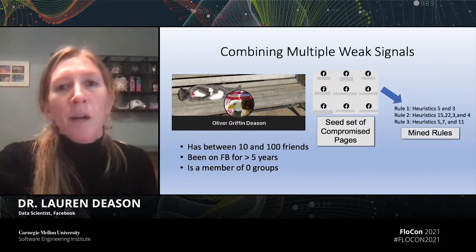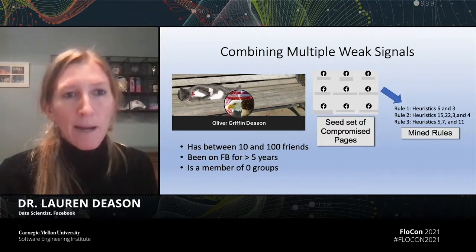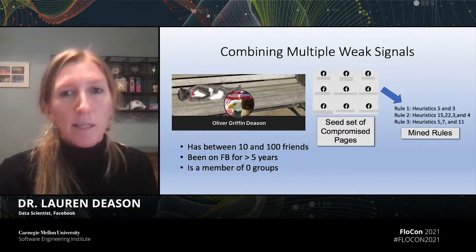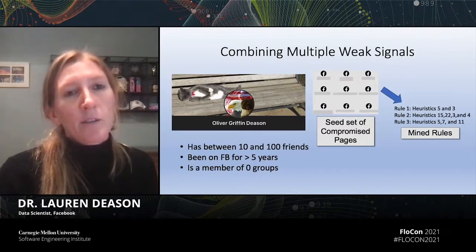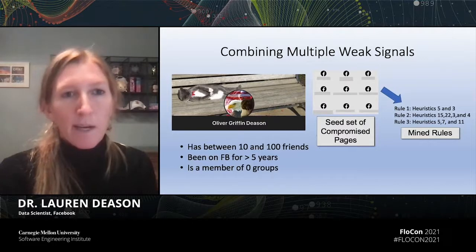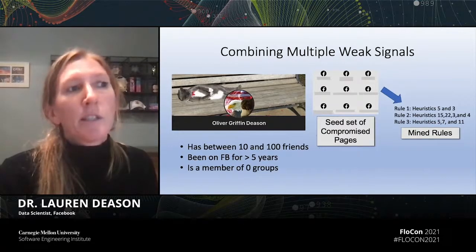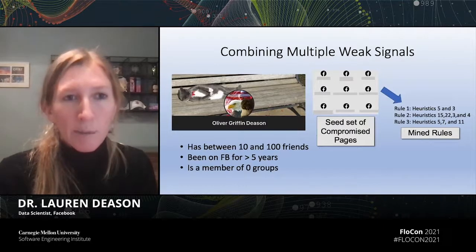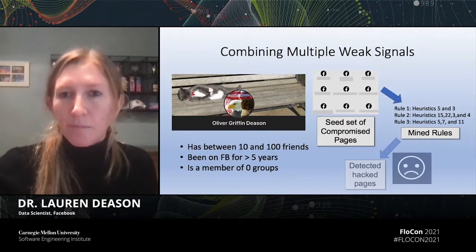Okay. So what we did was to take our seed set of 50 bad accounts, or in this case, compromised pages, and treat that as our positive set, and then grab a large sample of benign pages, pull all of the heuristics from those, and then run a high precision rule mining algorithm to learn what combinations of these heuristics end up being high precision indicators for this seed set relative to the negative set.